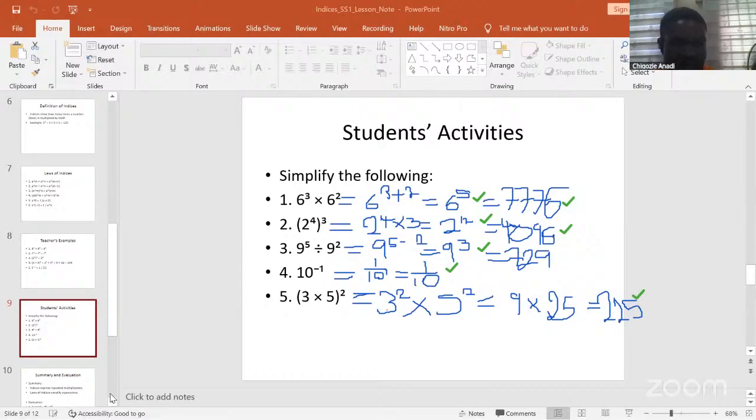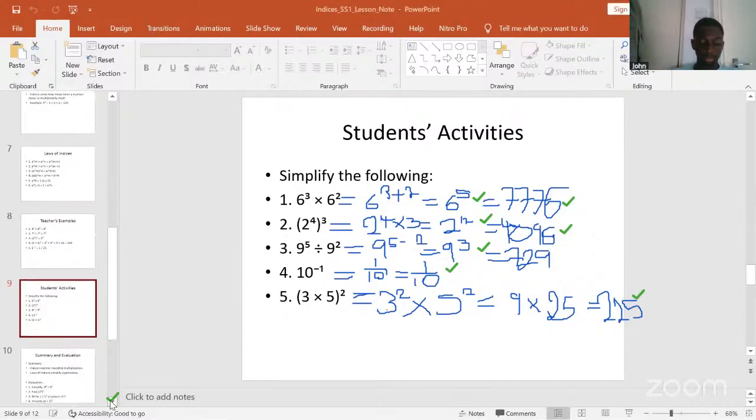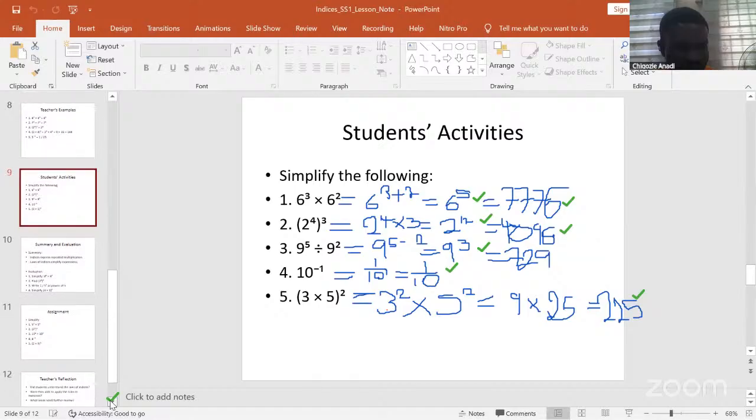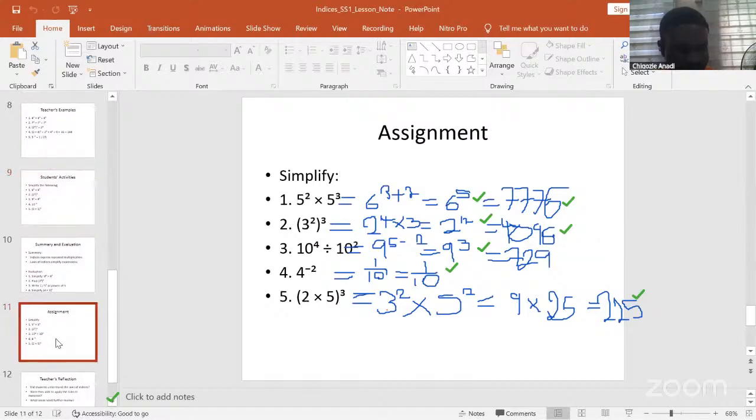I don't know if you can take down this assignment pretty quick. So this is your assignment, on the screen. Can you see it? I need to clean this up.